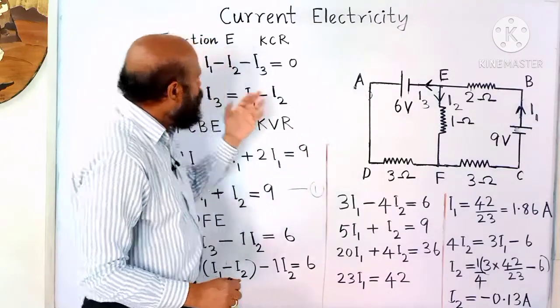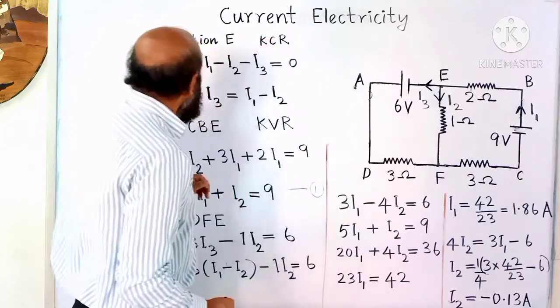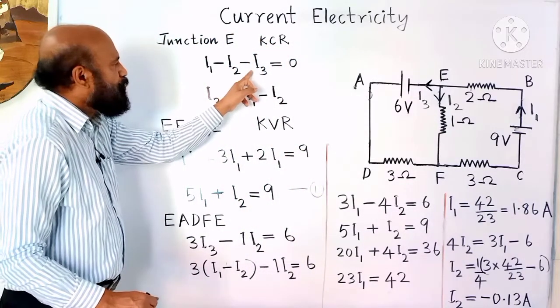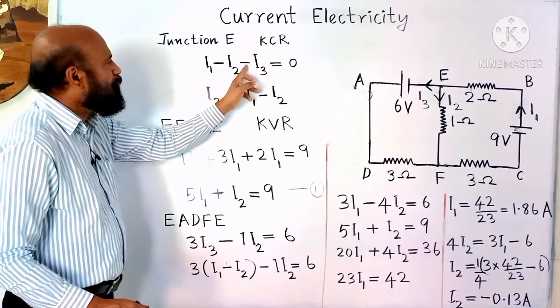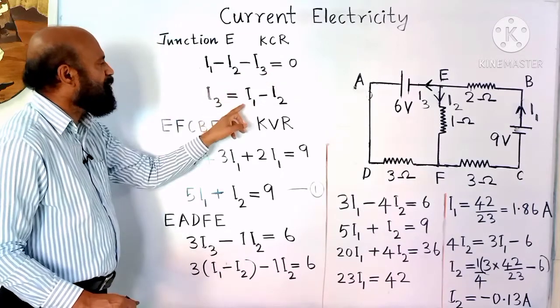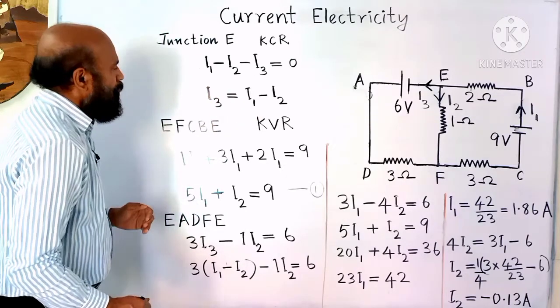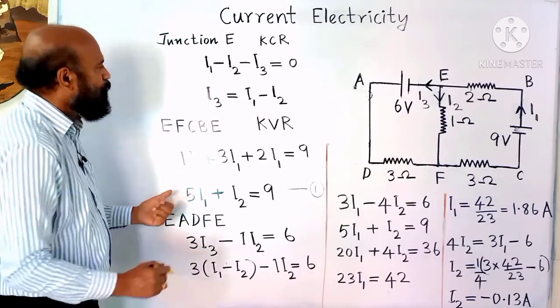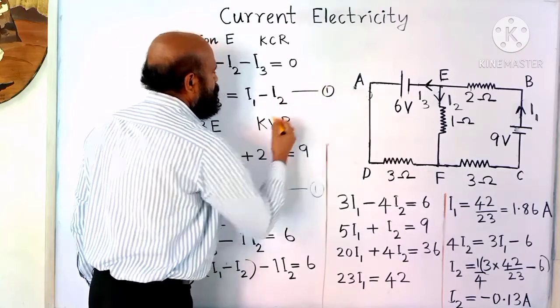You have to be careful while taking the sign. From this we can write an expression for I3. Take minus I3 to the other side. So I3 is I1 minus I2. Let it be the first equation.